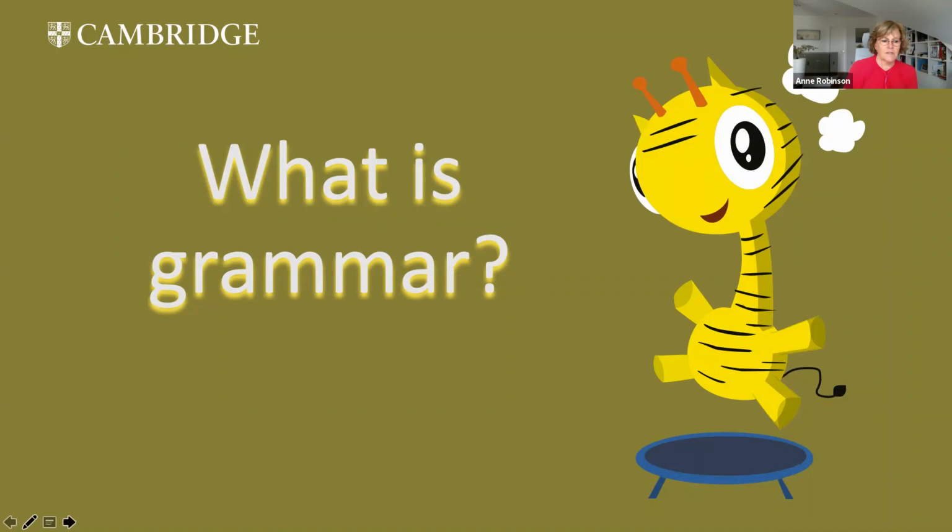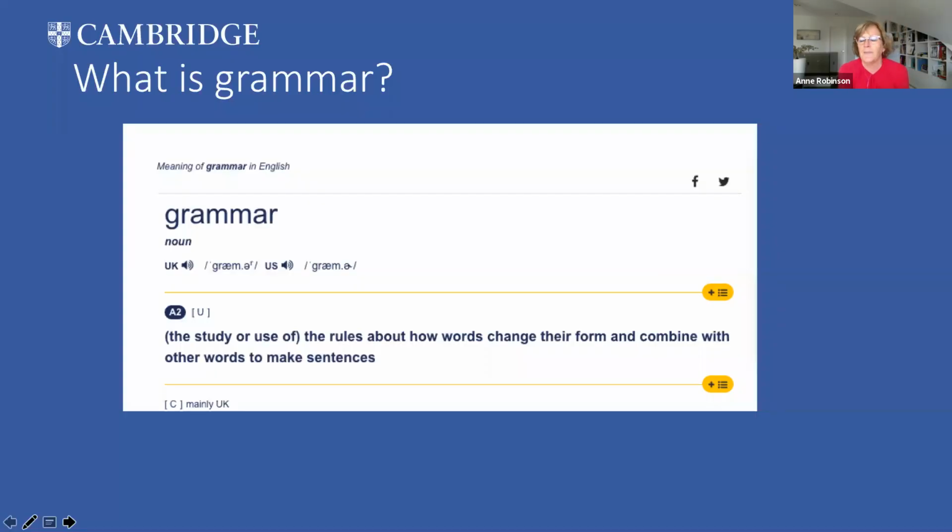So what I did was I went to the dictionary and I looked for a definition of what is grammar. And this is the definition I got. It's the study or the use of the rules about how words change their form and combine with other words to make sentences.